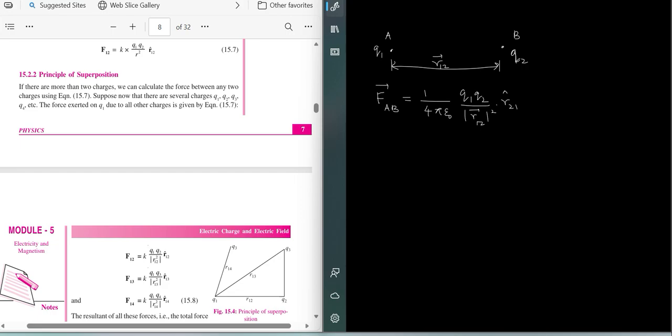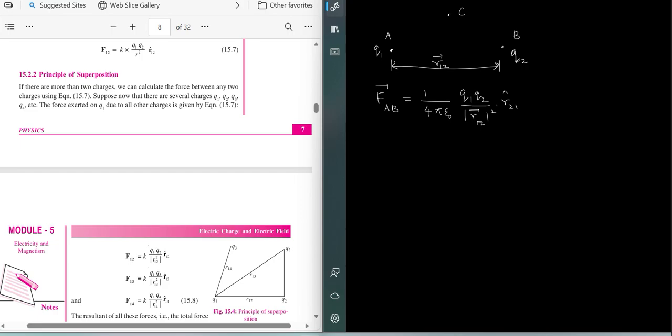Now imagine that we have another point charge C. Now force on A due to C, force on A due to B, and force on B due to C, and then we will have to understand the overall force. Let us say we are talking about charge A. Charge A will experience a force due to charge B, and charge A will also experience a force due to charge C, and the vector addition of these two forces will be the net force on charge A. That is the principle of superposition.